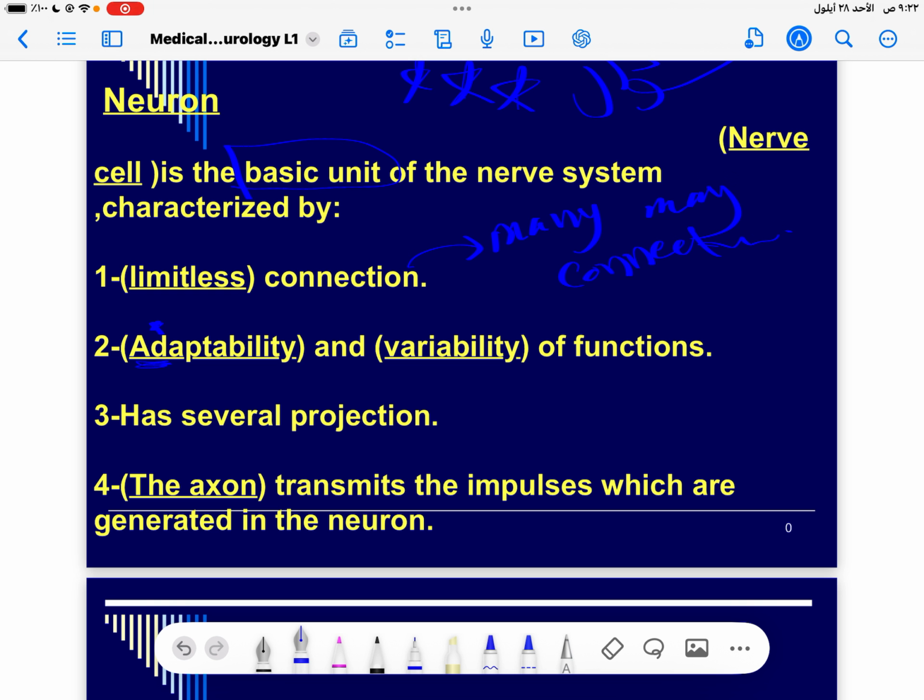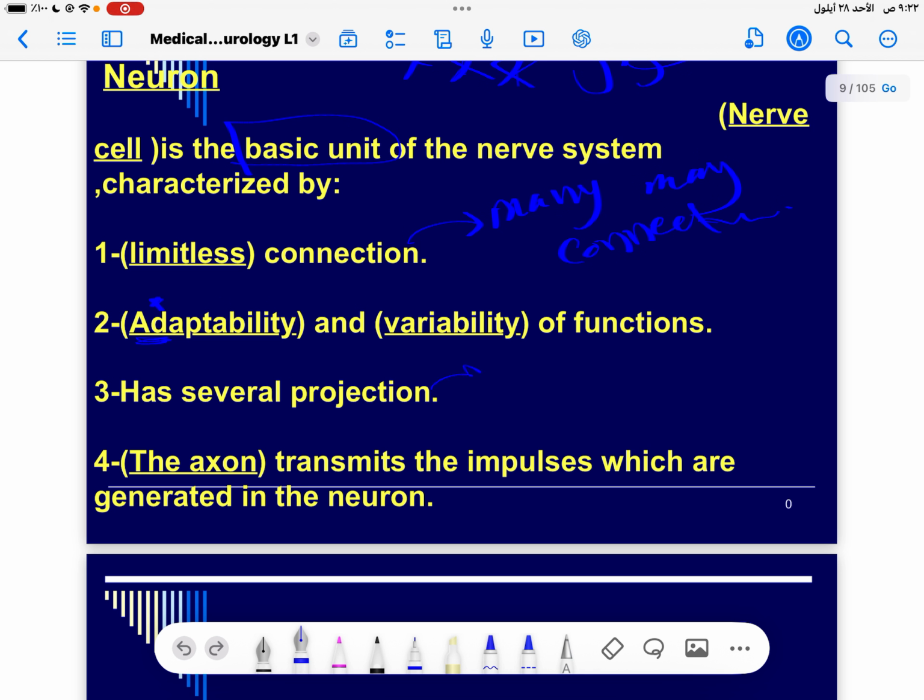This is the second characteristic. And of course, it has, as we said, several projections. The main one is the axon, through which the impulses, which are generated in the body of the neuron, are transmitted.